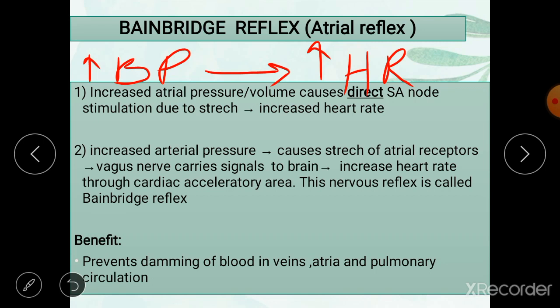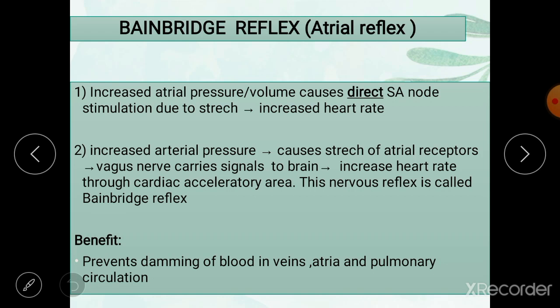Why does this happen? This happens because it is a protective reflex for the heart. It protects the heart itself from damage. Now what happens is when there is increased pressure within the heart, it causes the walls of the heart to stretch, especially the walls of right atrium to stretch because atrium is thin walled.